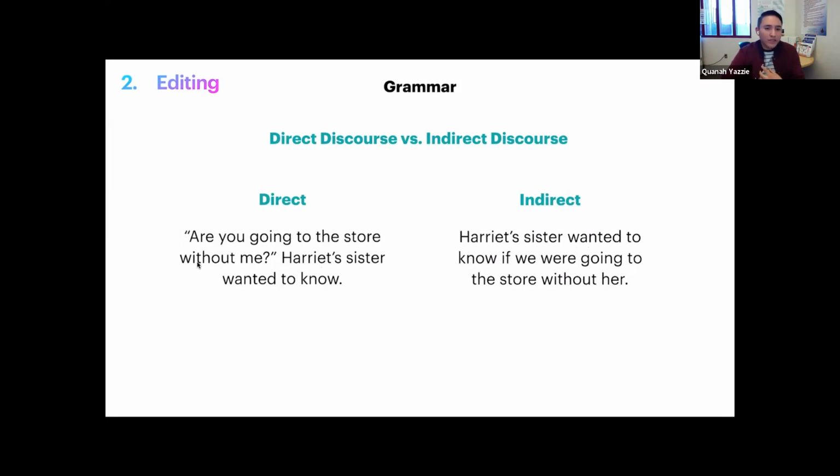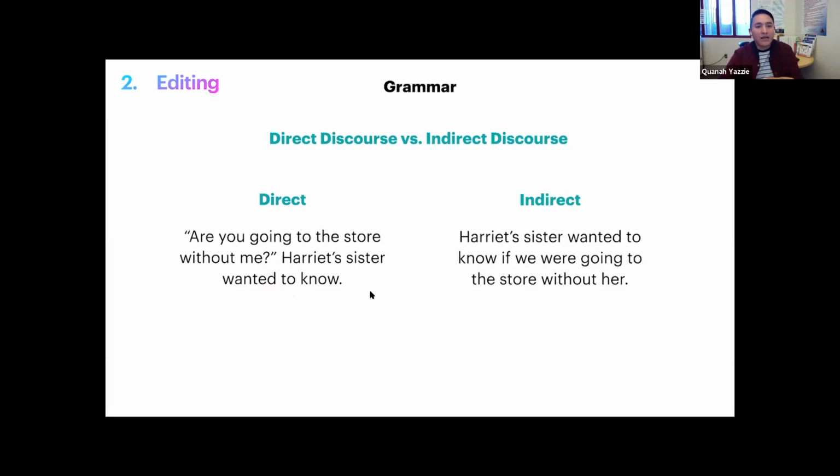The difference between these two is how we're introducing the quote and who's talking within the story or the writing. We want to stay consistent with either direct voice or indirect voice when we're introducing quotes. We're not focusing on how to introduce quotes in terms of punctuation; that's not what we're talking about here.